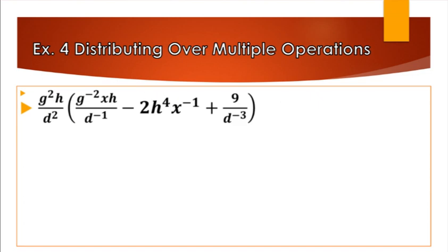Next one. So here we got g squared times g to the negative second. So if we're adding the exponents, it'd be g to the 0 power. So g to anything to the 0 power is just 1. So that makes it 1. We have h times h is h squared.